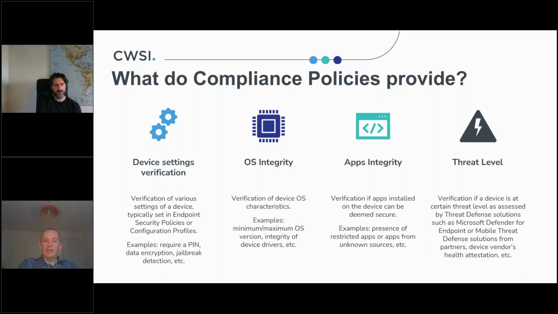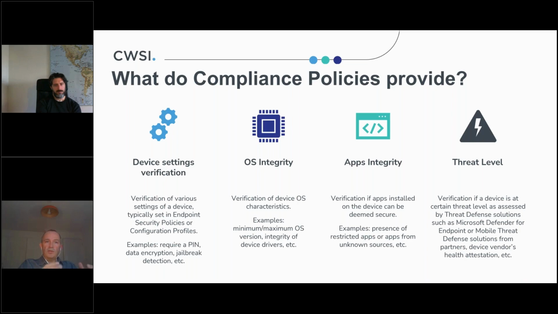You can look at the integrity of the applications that are on the device. So is the app that's coming in and requesting access an approved application? Is it one that's been installed from an unknown source, etc.? And then you can add in the threat level of the device.